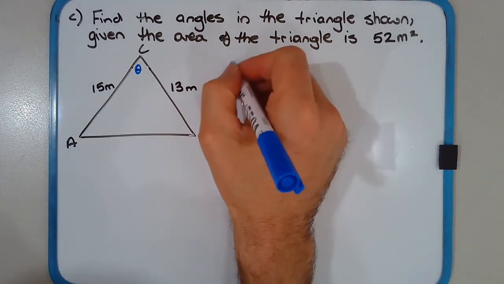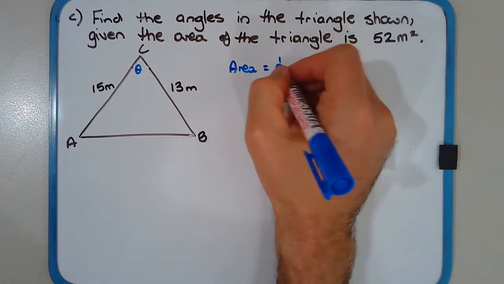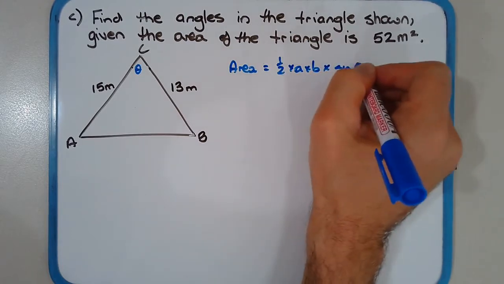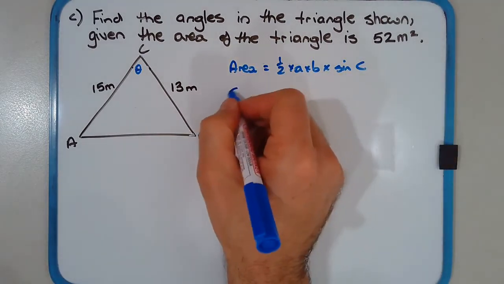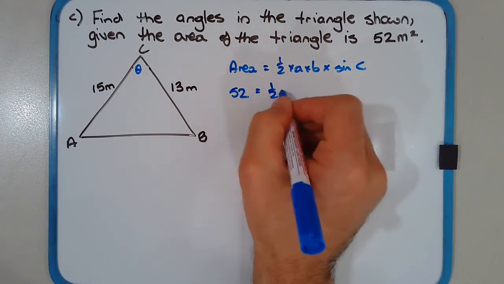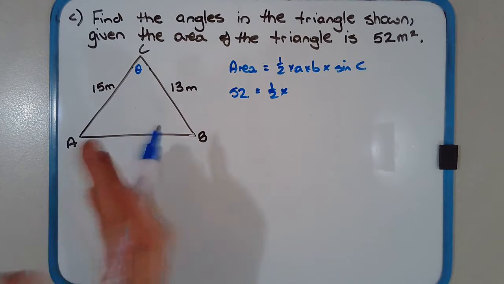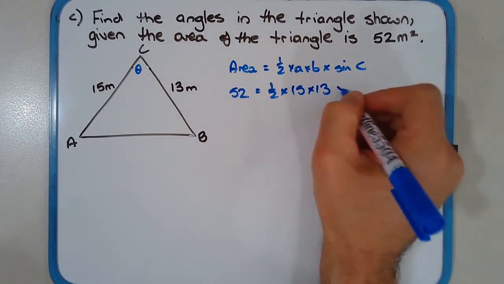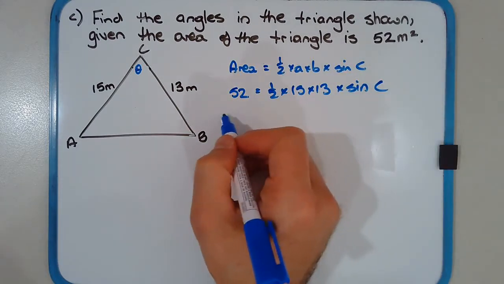Okay, so let's just write down the formula for the sine rule for the area, which is half AB times sine of C, and just conveniently there, the C is what we're trying to find first. Okay, we're given the area, which is 52. Okay, half. Now the A and the B are the two sides that are around the included angle. So half times 15 times 13 times sine of C. Okay, and then we can just rearrange this formula.